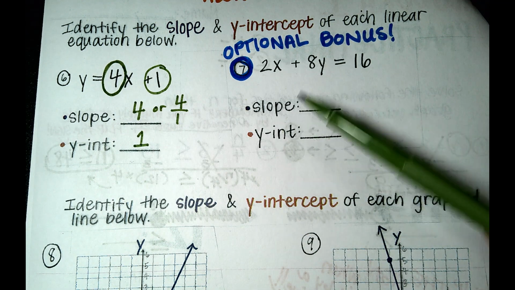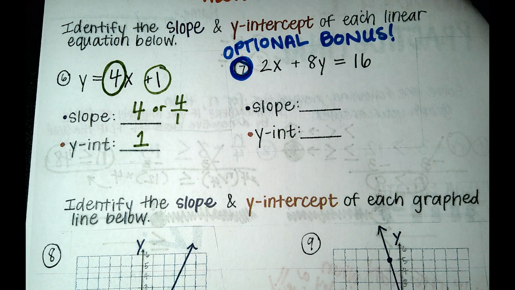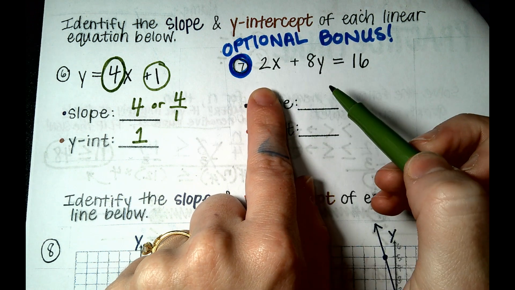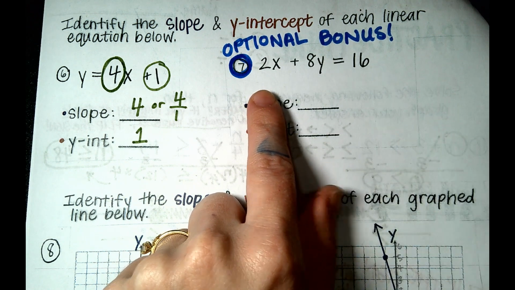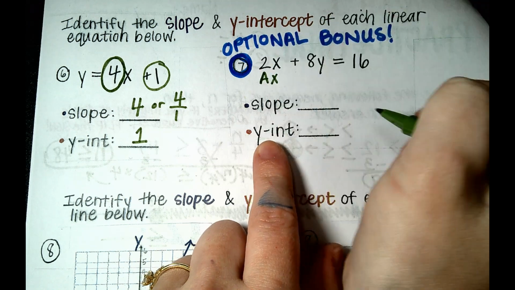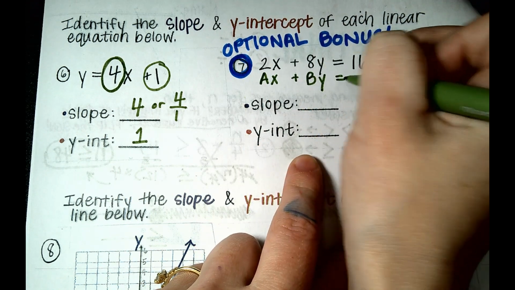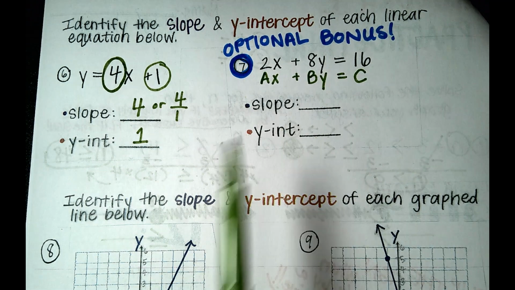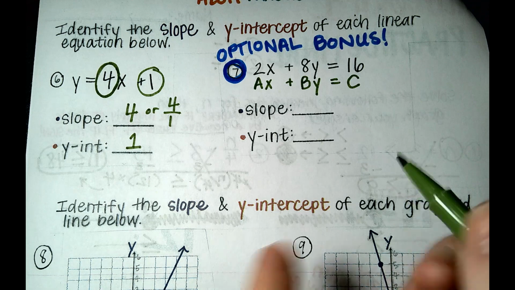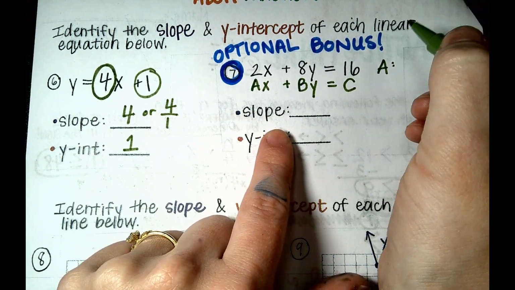Okay, now, here is our optional bonus question for number 7. The form that this equation is written in is called standard form, okay? Standard form is ax plus by equals c. So if this is the form the equation is written in, what is the value of a? 2.